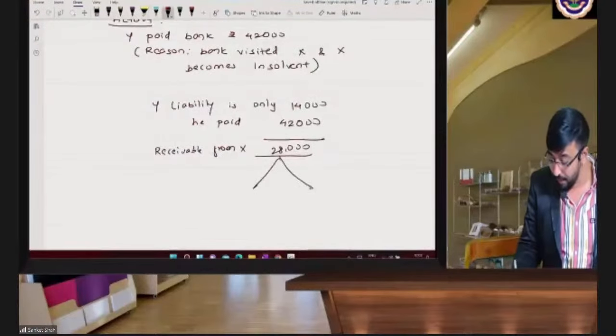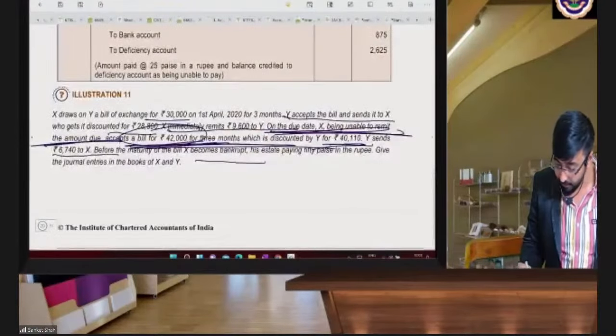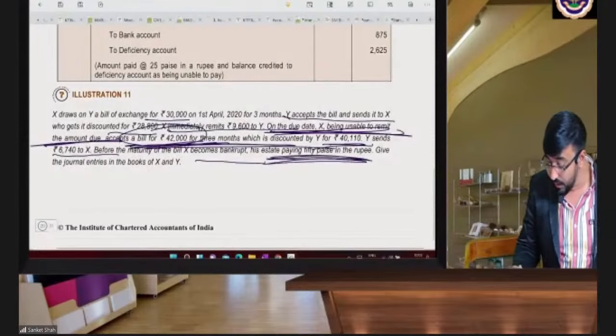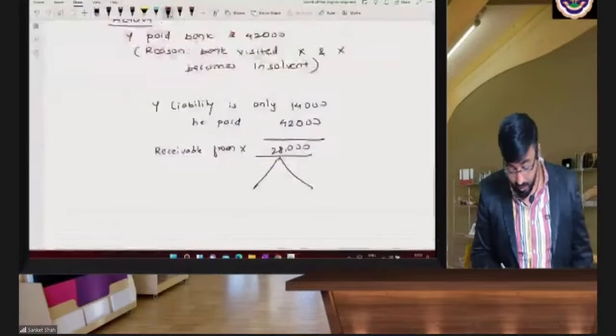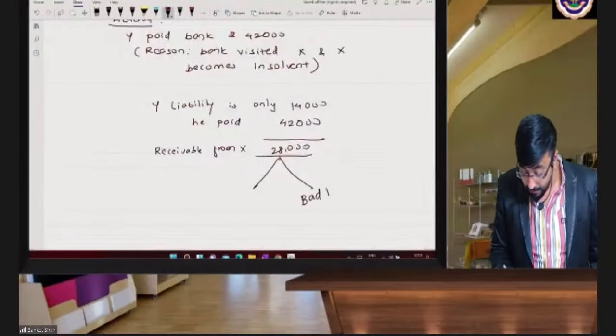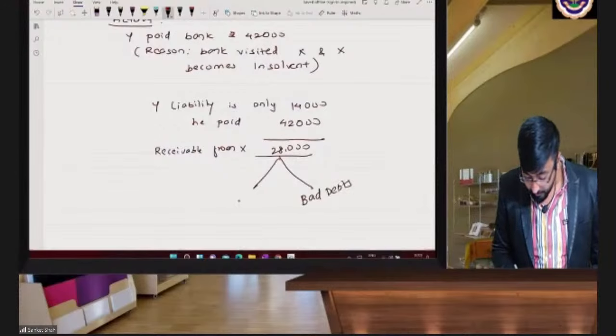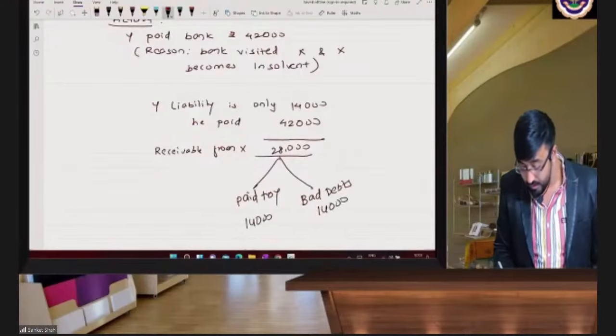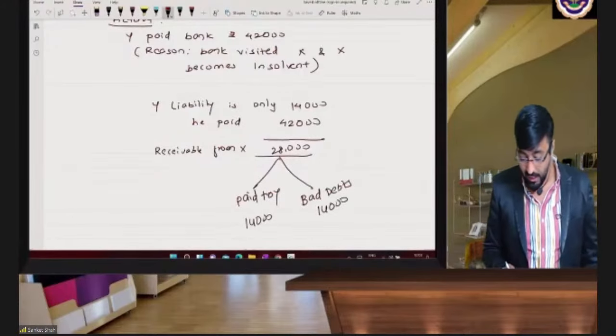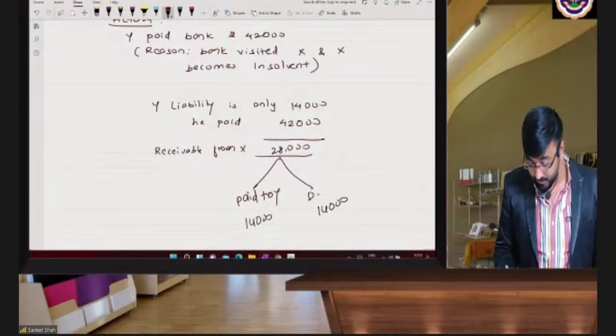But what happens? X becomes bankrupt and only 50 paisa in a rupee he recovered. So for X, it is a bad debt. And here, he paid to Y only 50%. In the last entry, we can't say it is a bad debt, it is a deficiency.